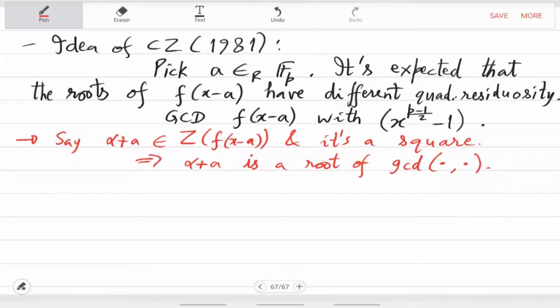So, the roots of the zeros of f of x minus a which are squares, they will all be clustered out when you take GCD. So, if in f of x minus a there are two kinds of roots or zeros, then you factor it, right.